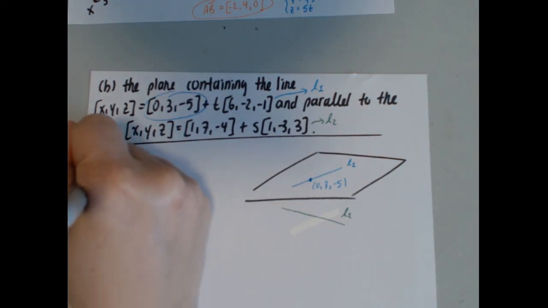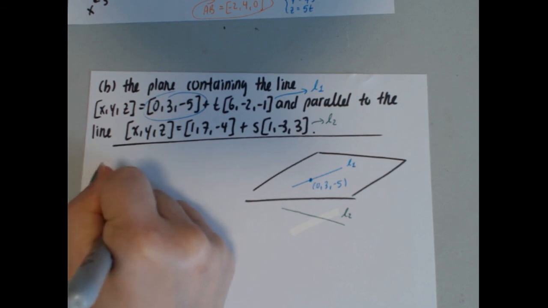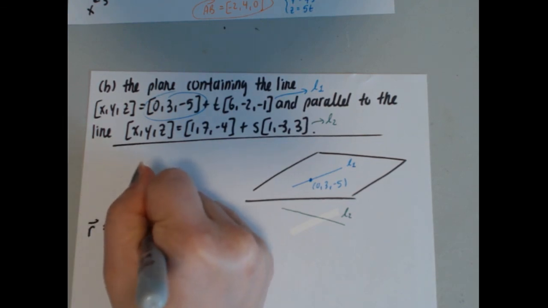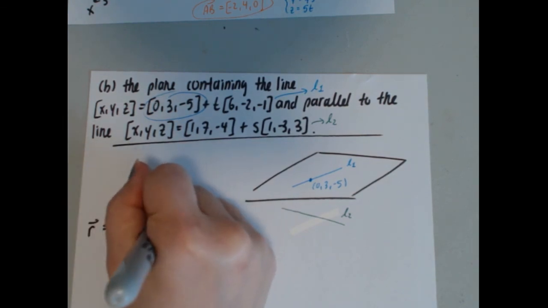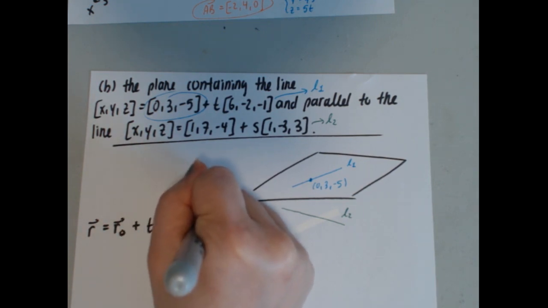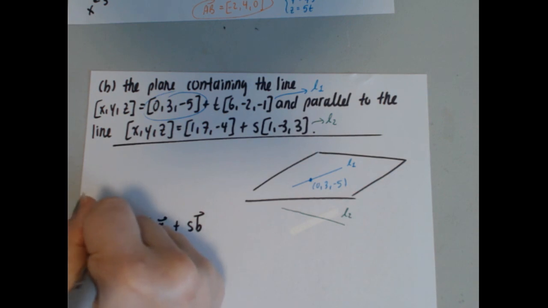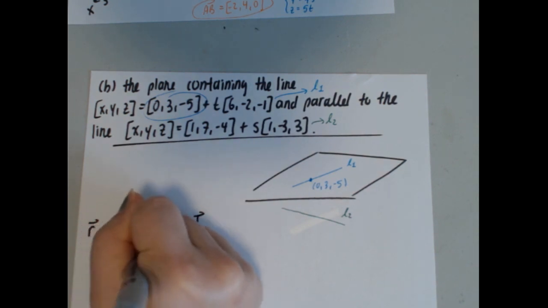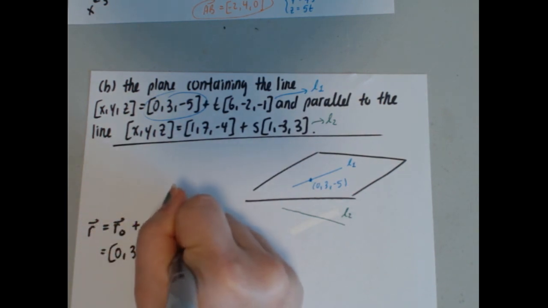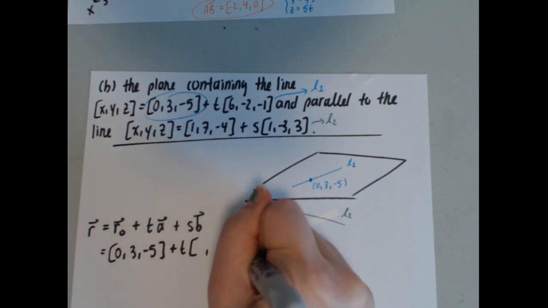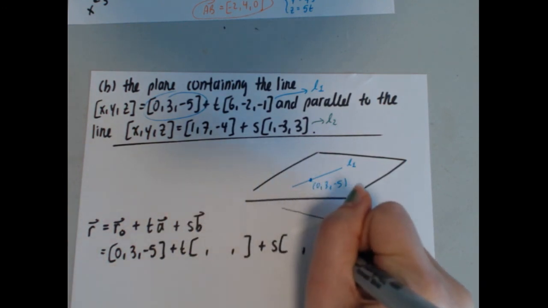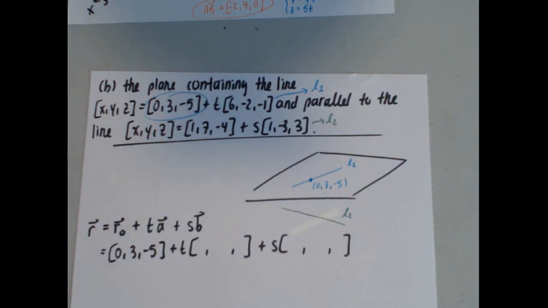Okay, so I know that for my plane, r is equal to r0 plus t times vector A plus s times vector B. I already know r0, that's going to be (0, 3, -5). I just need now two vectors that span the plane. Well, guess what?